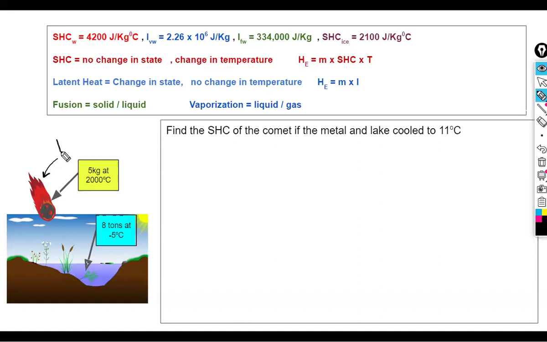The comet is going to be losing energy because the initial temperature of the comet was 2000 degrees Celsius. And then after it crashed in, everything reached 11. So the comet went from 2000 being very, very hot to only a mere 11 degrees Celsius. So let's calculate the energy lost.